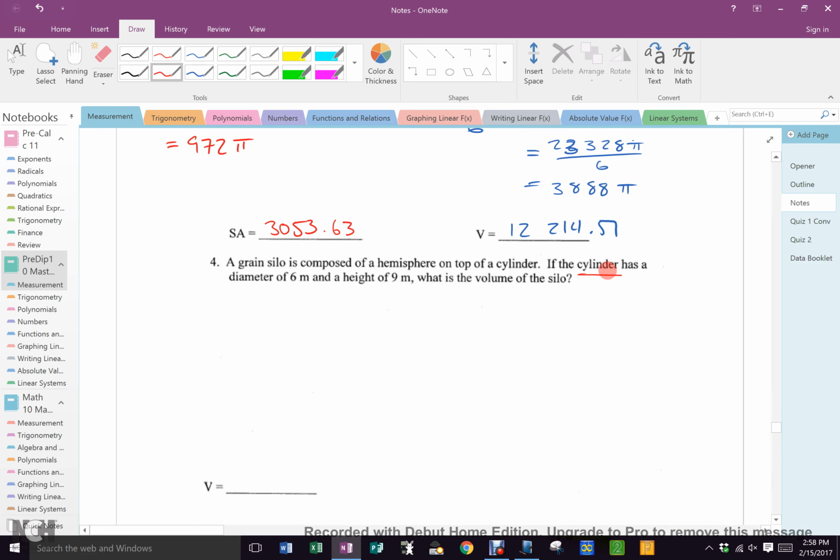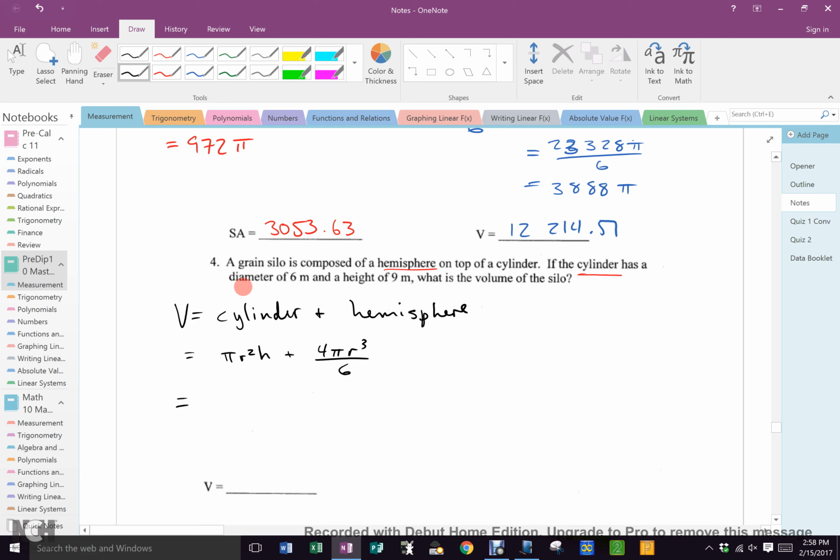And finally, I need the volume of this. It's a cylinder and a hemisphere. So volume of a cylinder plus a hemisphere. Volume of a cylinder is pi r squared h, plus a hemisphere is 4 pi r cubed over 6. Then I just do the math.